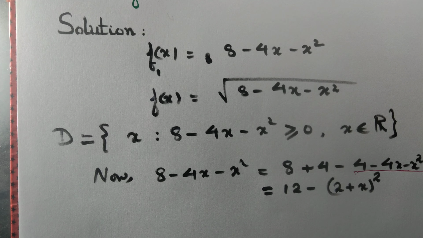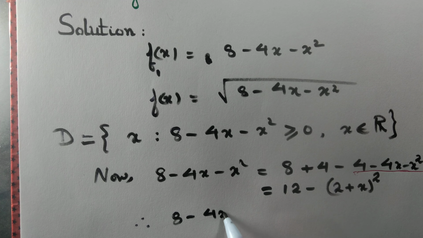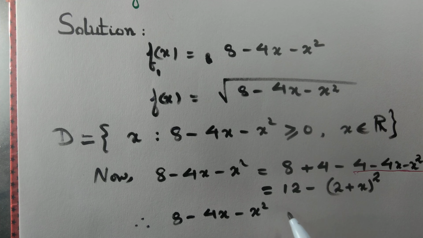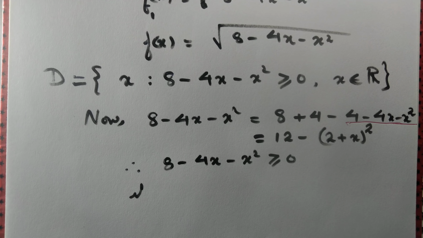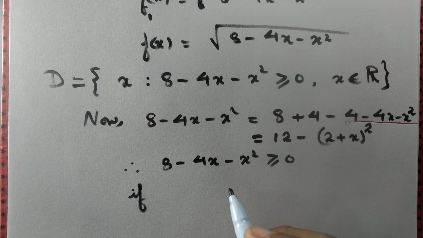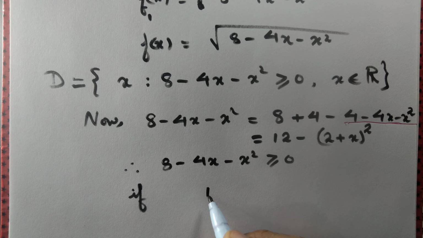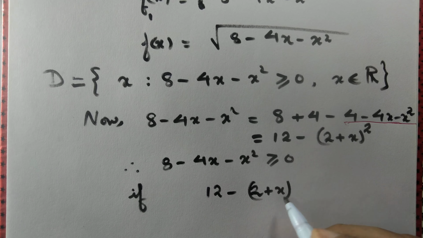Therefore, 8 minus 4x minus x square is greater than or equal to 0 if 12 minus (2 plus x) whole thing square is greater than or equal to 0.